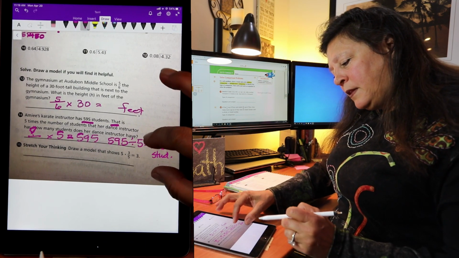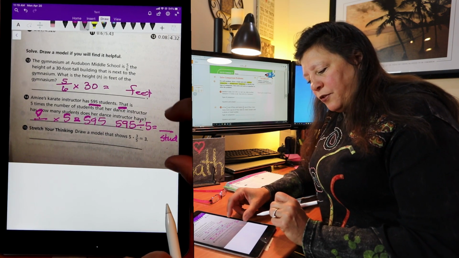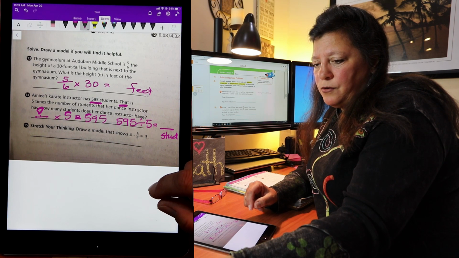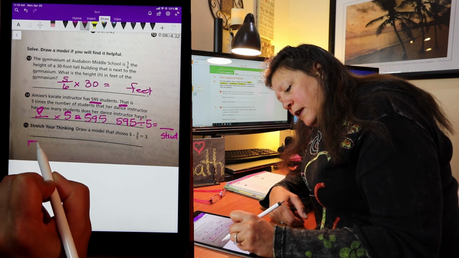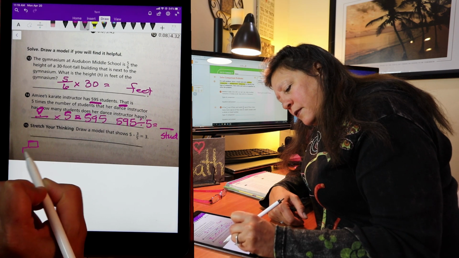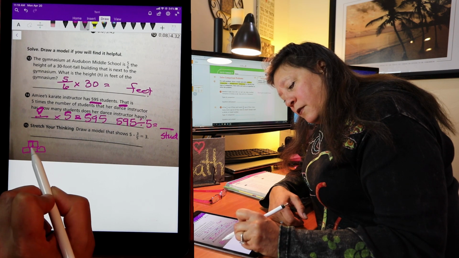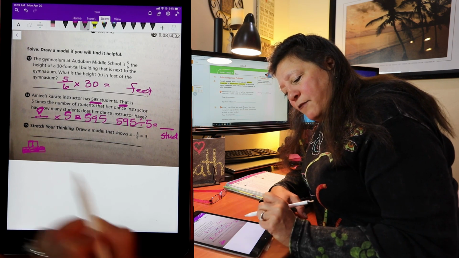Okay? Draw a model that shows 5 times 3/5 equals 3. Okay? I'm going to go ahead and draw this one out for you. And it would look something like this. Right? So that shows 3 of the 5 being colored in.